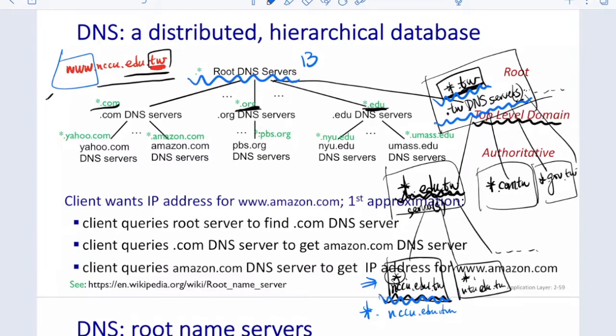For example, .tw is of course managed by an organization in Taiwan, right? That organization is TWNIC, which is exactly the same as what we showed you in the very first class, a figure of the connections between different ISPs. That is the same organization that created that figure. That is TWNIC. We rely on TWNIC to help us manage the .tw top-level domain.